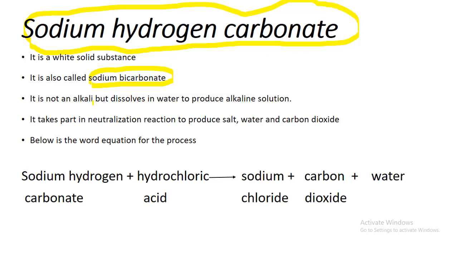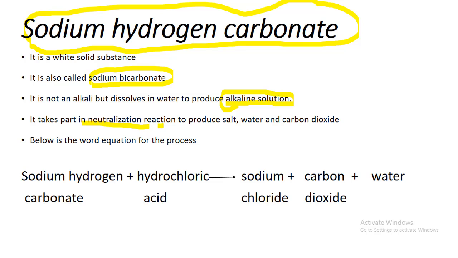It is not an alkali, but dissolves in water to produce an alkaline solution, meaning the solution is alkaline in nature. So because of that, it takes part in the neutralization process.